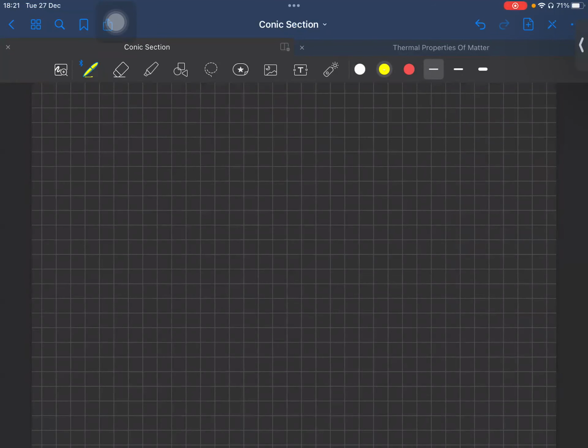See, suppose this is a line, some line, the directrix. Suppose this is the directrix, and the focus is here. This S is the focus. Okay.